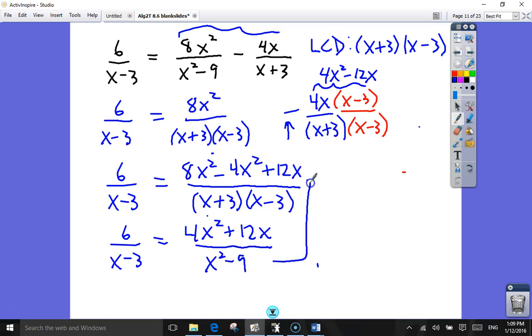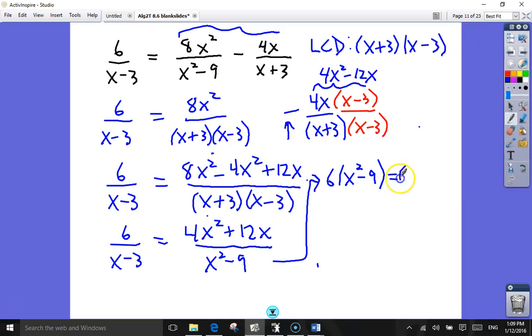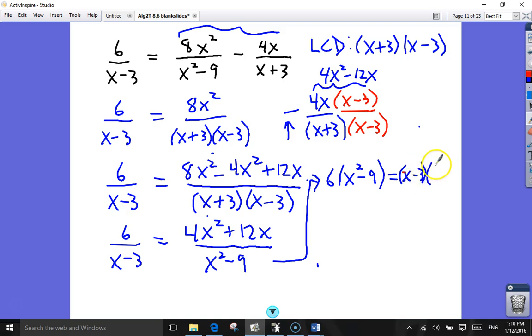And now we can cross multiply. 6 times x squared minus 9 equals x minus 3 times 4x squared plus 12x. I don't have enough room here. That's terrible.